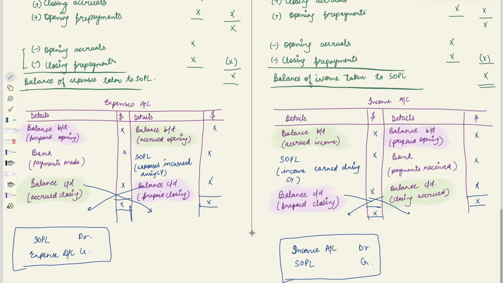Now, we already know how to put them in our statement of financial position. In your statement of financial position, we are going to include other receivables, which will include your accrued income and prepaid expenses.